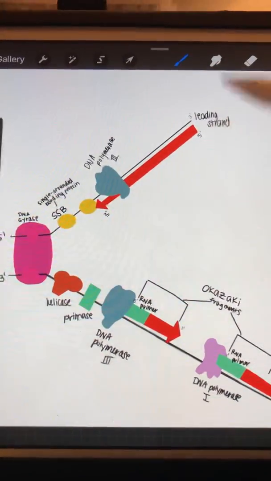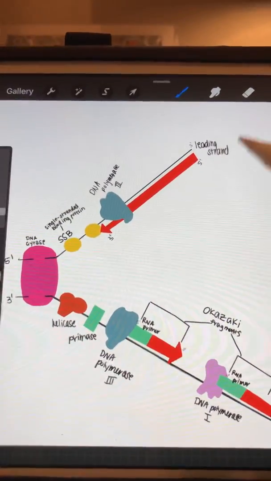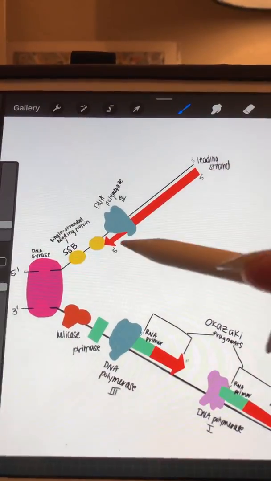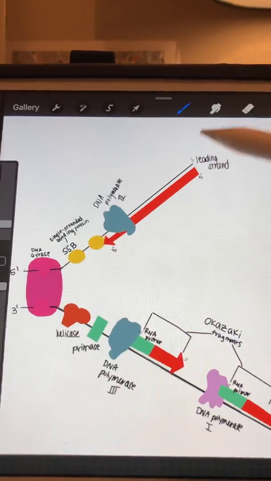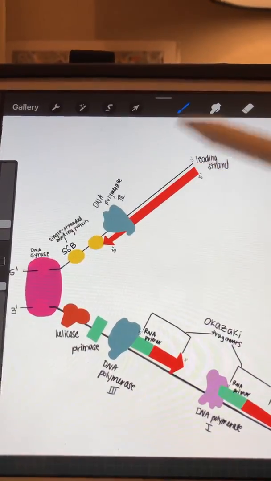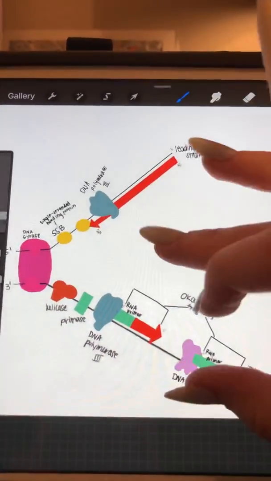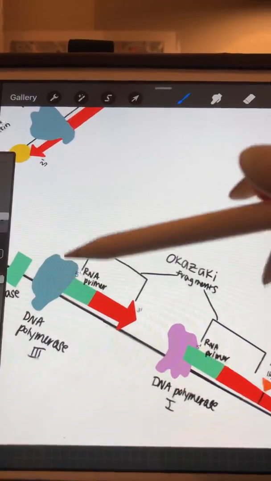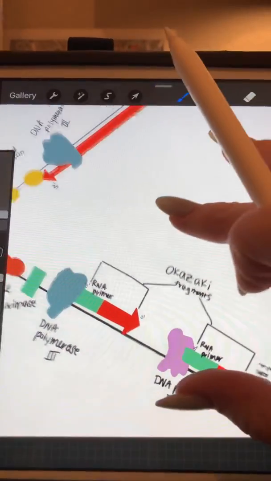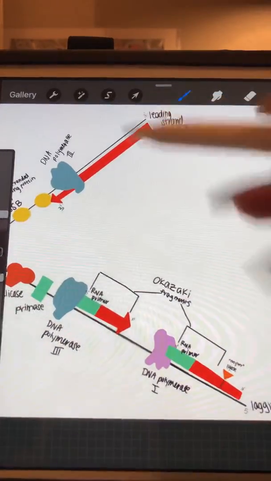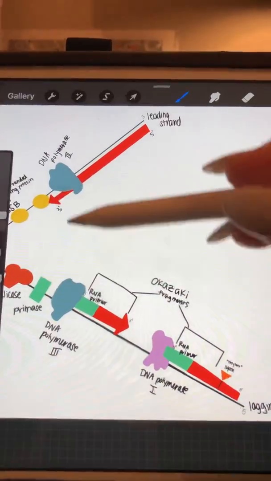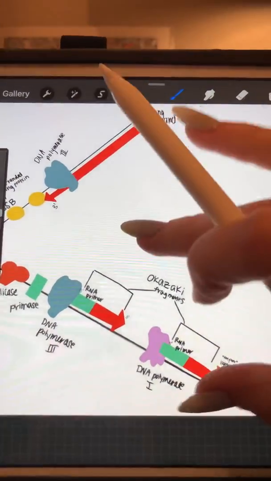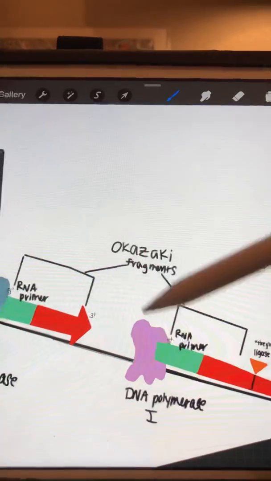Unlike the leading strand, which is easily being read from our 5 to 3, and having our continuous pattern, because down here we have our fragments breaking up because it's having to keep up with our leading strand and having to pick up and go and pick up and go, causing for this lovely gap in the middle.